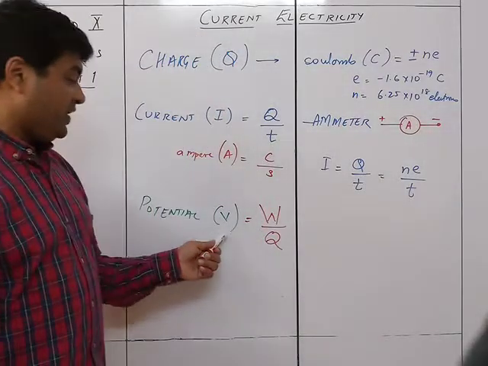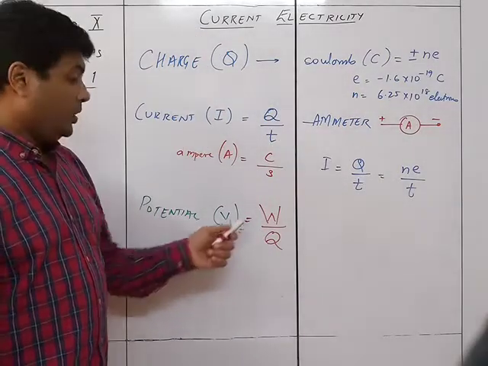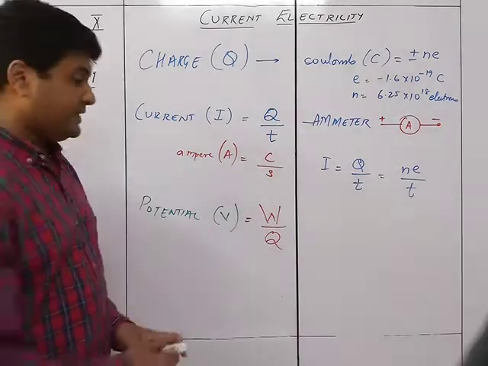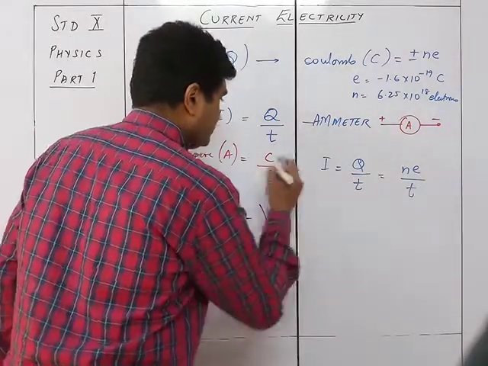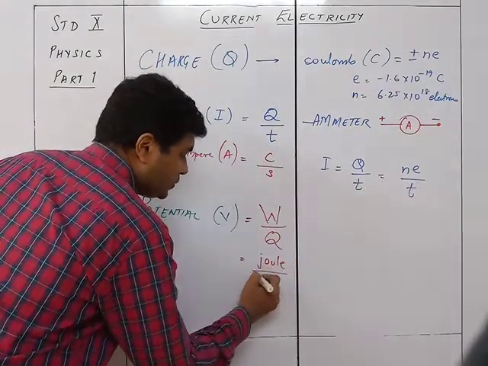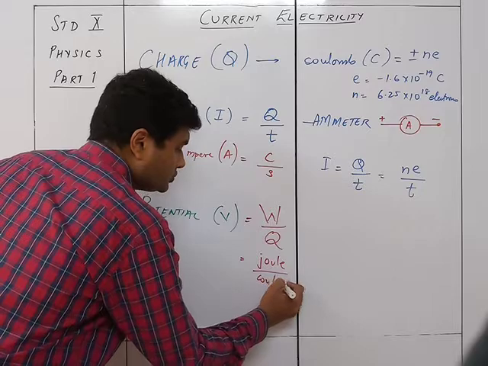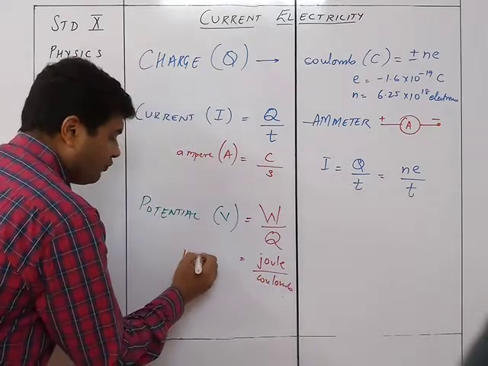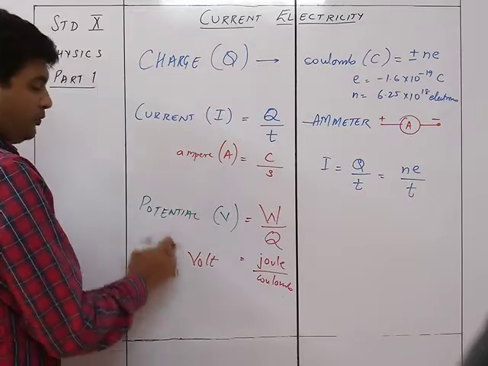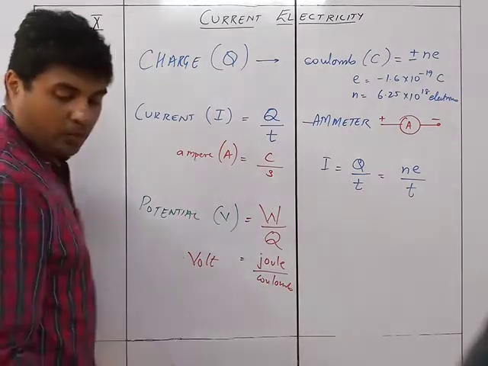So we see potential V is equal to work done upon charge. Now the work done is in joule and the charge is in coulomb, so that is nothing but 1 volt. So volt is the SI unit of potential, which is 1 joule upon 1 coulomb.